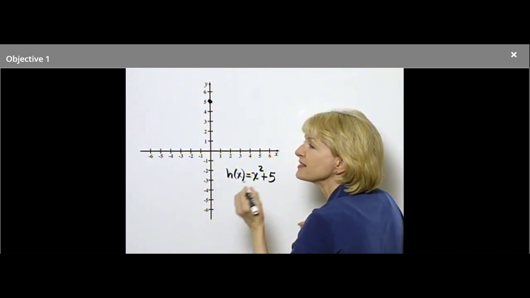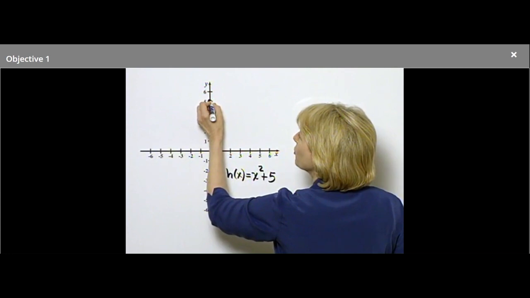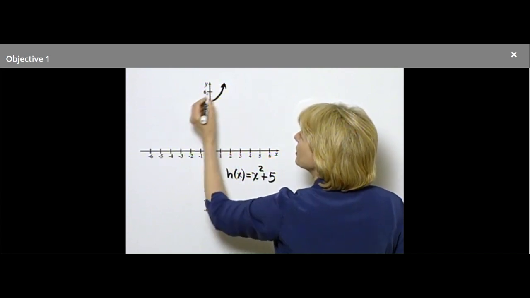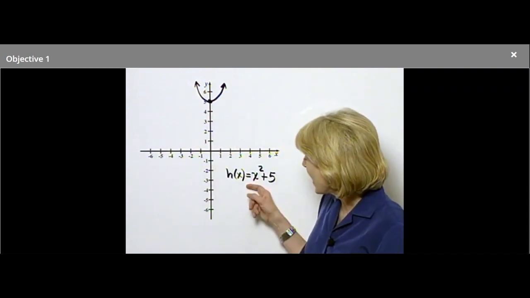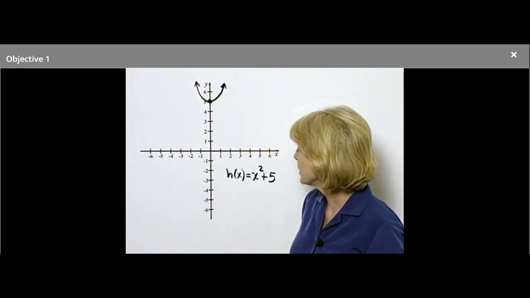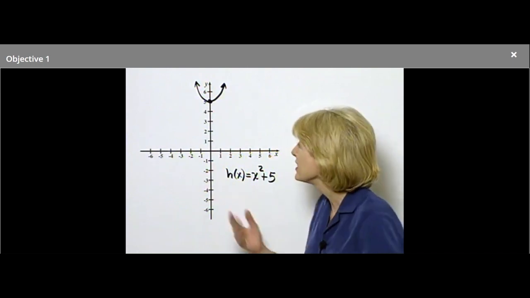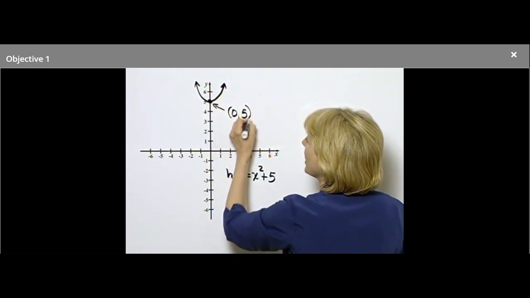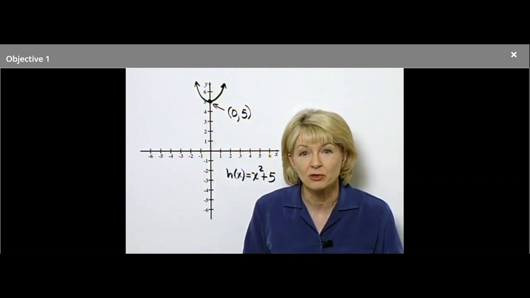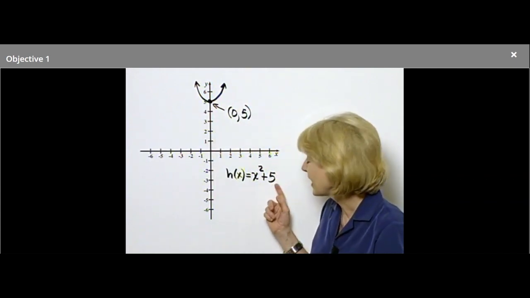The shape is exactly the same, although I won't be able to show a lot of it on my rectangular coordinate system. That is the graph of h of x equals x squared plus 5. The vertex is 0, 5. Just as I mentioned, it would be 0, k.